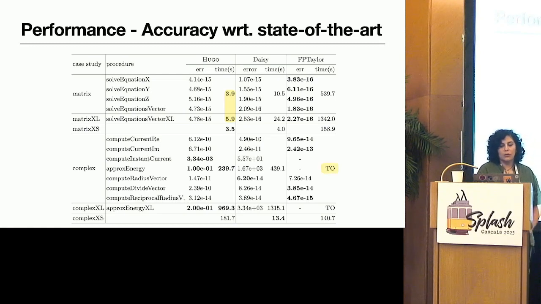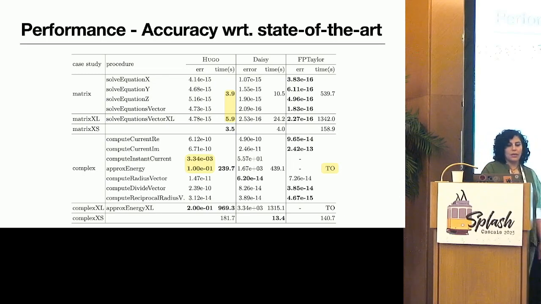And FBTailor is not able to compute round-off errors for two of the largest procedures of the complex case study that have a lot of procedure calls. But Hugo is even able to produce error bounds that are tighter than DAISY. And this is due to DAISY using a different type of analysis that is known to be less accurate.